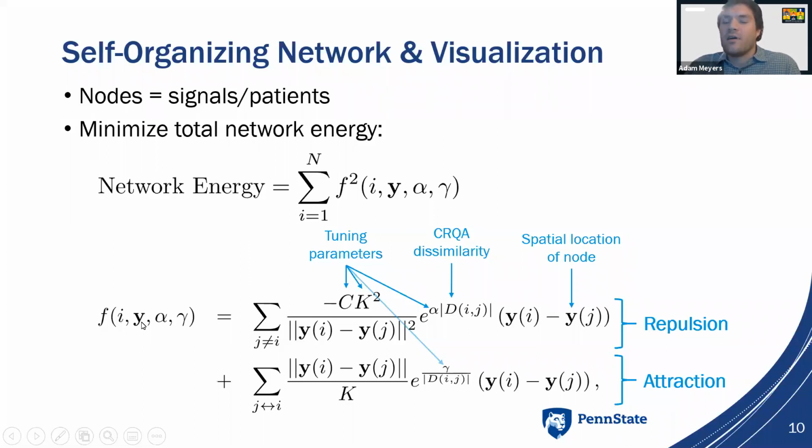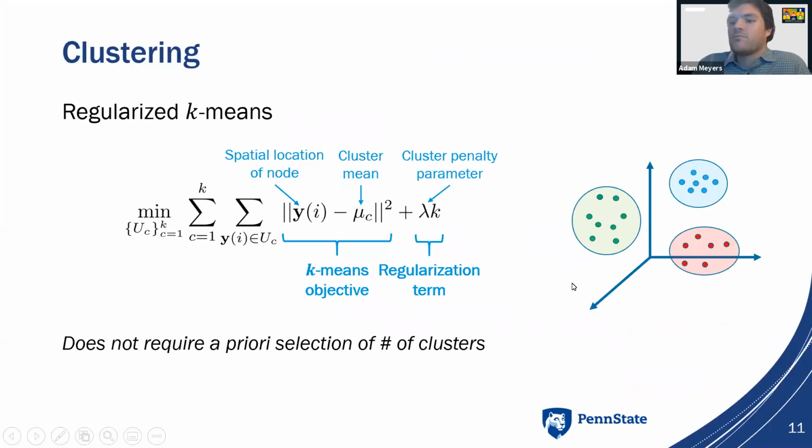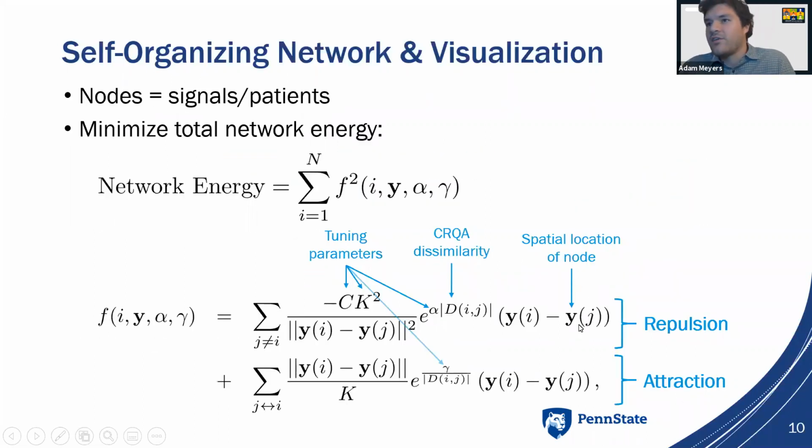The force on node i is represented by this equation, where the top term is the repulsive force and the bottom one is the attractive force. And you have tuning parameters, which I don't really want to talk about. Y is just the current spatial locations of the nodes. The most important thing, the thing that really drives the self-organizing network, is the dissimilarity.